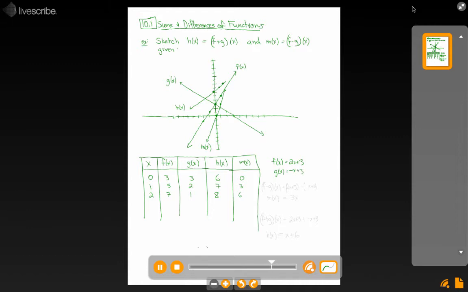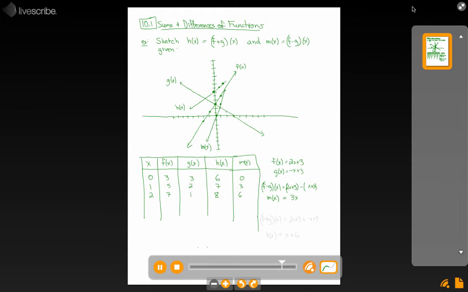So if I do f minus g of x, f minus g is going to be 2x plus 3 minus negative x plus 3, and you'll end up with 3x plus 0, which is exactly the graph that we've drawn here for what m of x looks like. It goes through 0, 0, has a slope of 3.